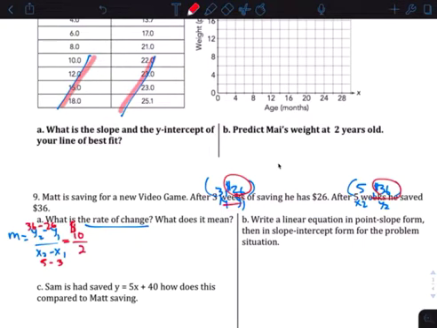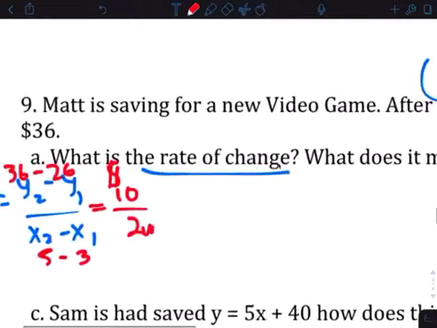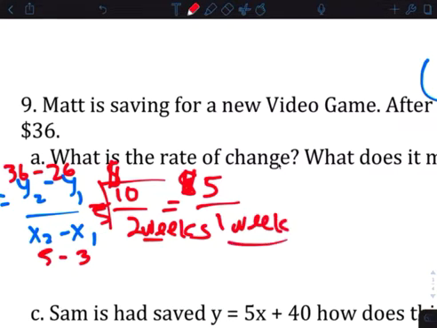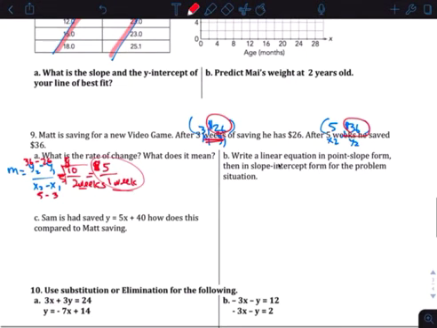The other one is weeks. Divide by 2. Reduce to 5 over 1, right? $5, and this is dollars per week. Each week, $5 every 1 week.